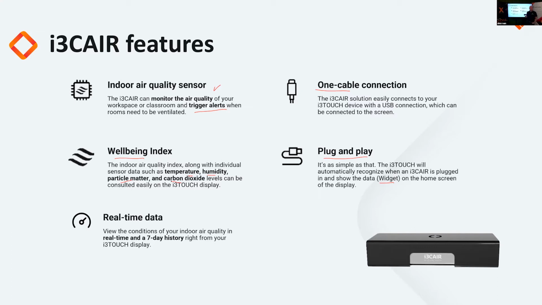And we have written an algorithm that is always looking at those 4 values and calculating the well-being index. You will get real-time data on your display all the time, but on the display, it's also possible to go 7 days back in history to see what happened at a specific moment.